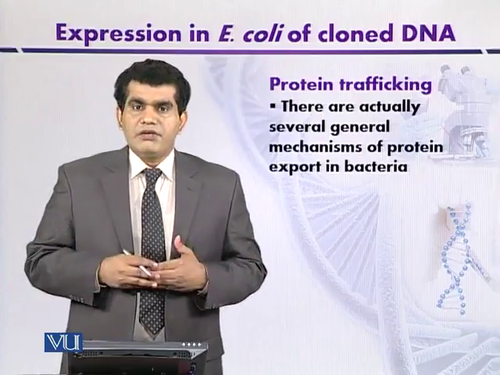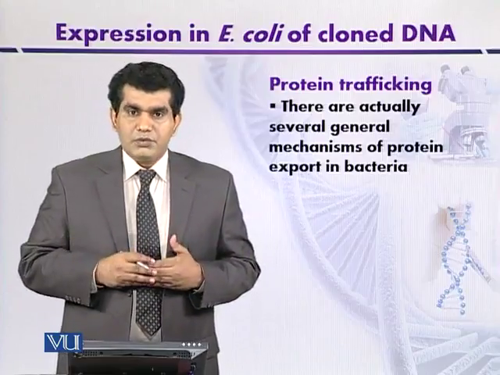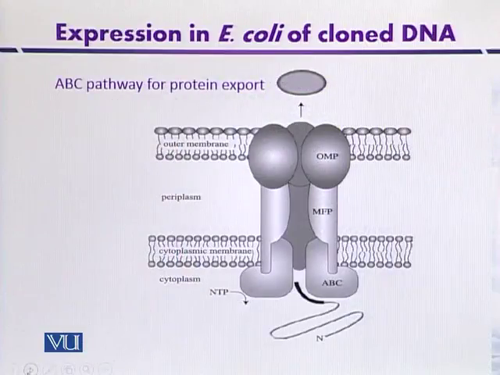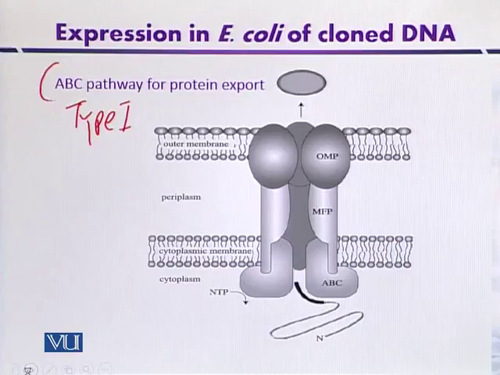We can briefly have a look at the type 1 and type 2 secretory systems. This is the example of the type 1 secretory system, generally also called the ABC pathway for protein export. ABC comes from ATP binding cassette, one component of the transportation system.